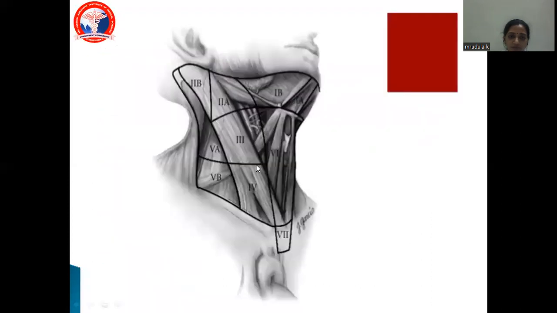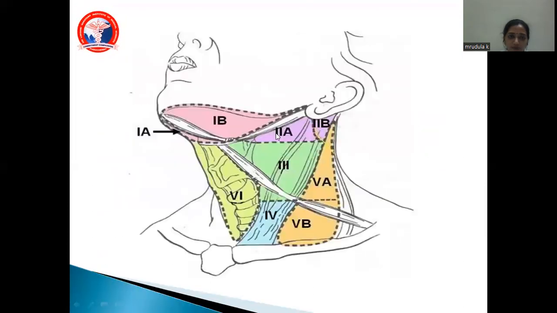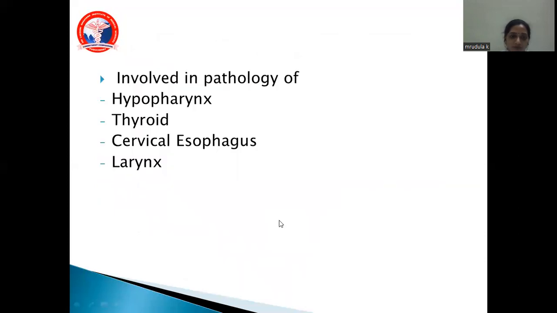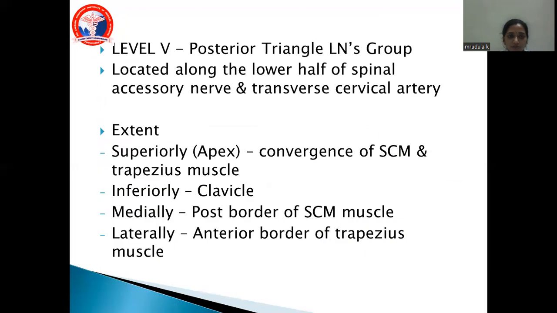So this is the level 4 group of lymph nodes. Level 4 are involved in hypopharyngeal, thyroid, cervical esophageal, and laryngeal pathology.